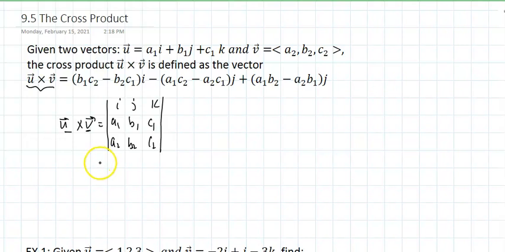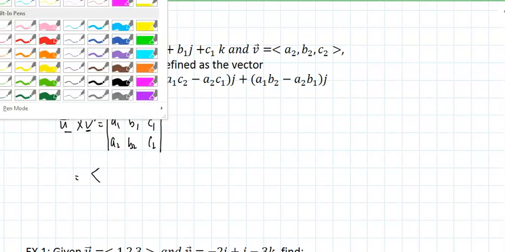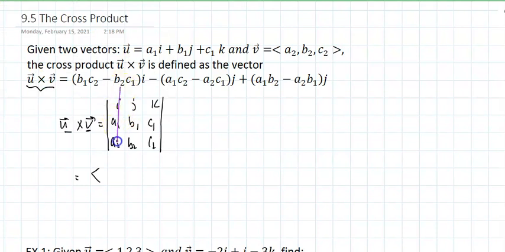Well, how does the determinant work? If you recall, we're going to take the i component times, and we're going to do this kind of quick. Let me show you. And when we write those, isn't that the product of those minus the product of those?